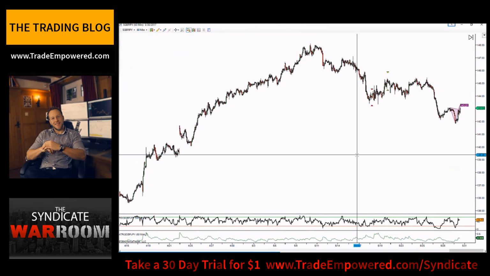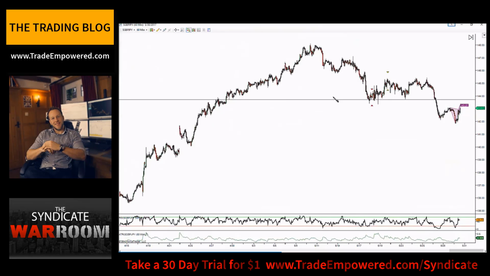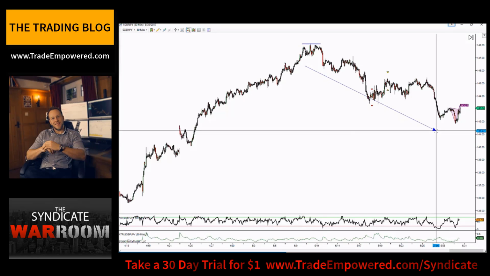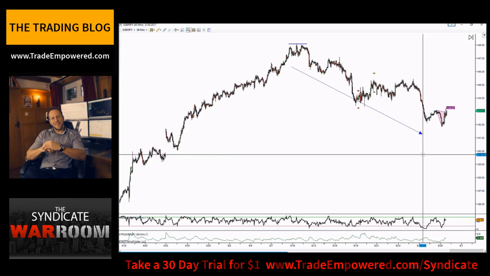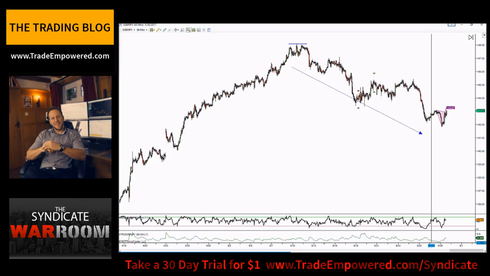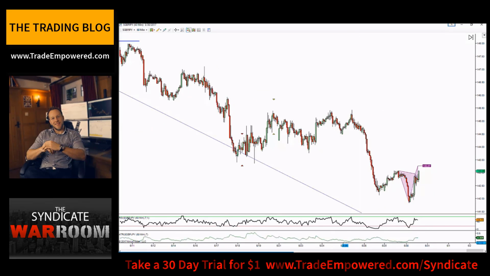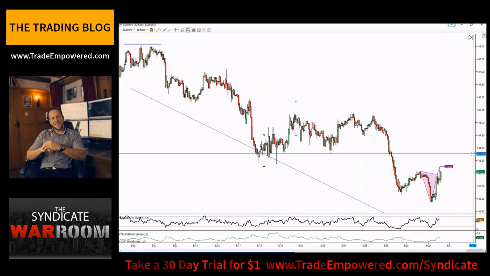The other one I'm going to share with you is the pound yen. After putting in our double top up here, we've seen the market start to push down. We're now pushing down and putting in new structure lows.